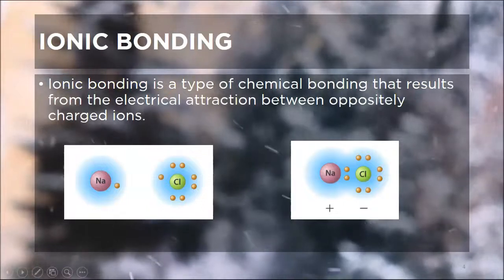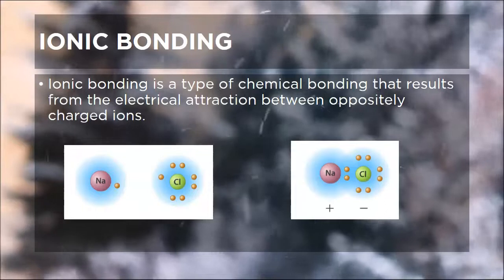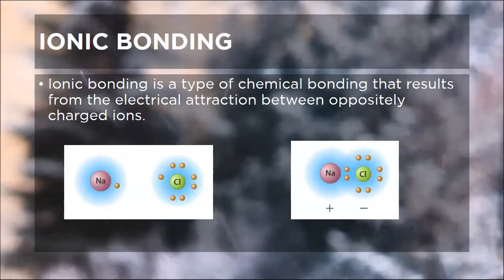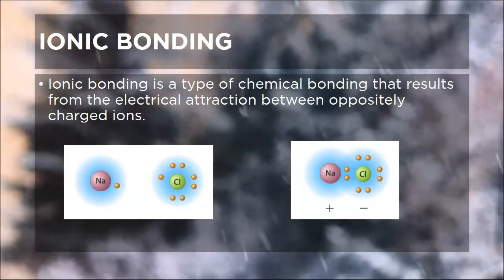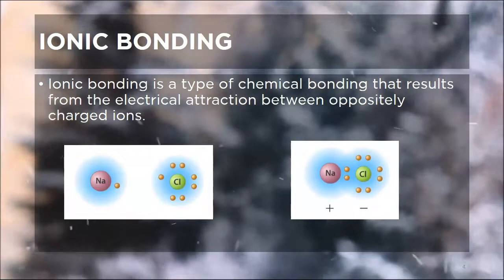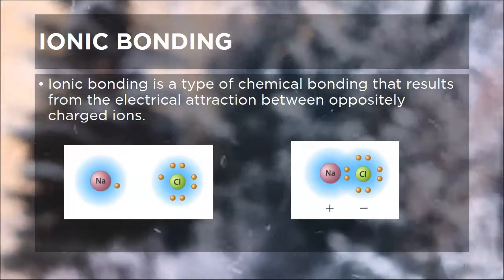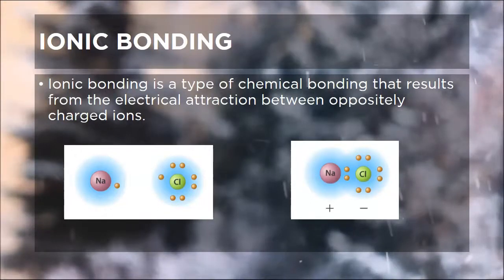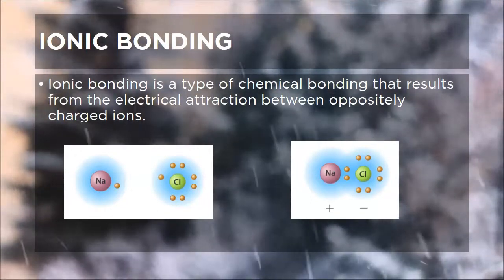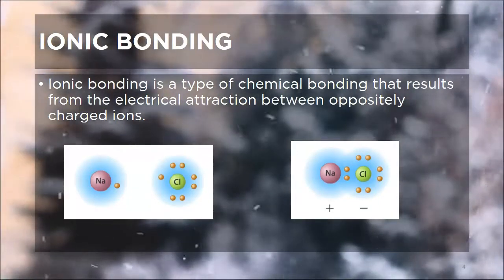So first, the type of bonding we're going to talk about is ionic bonding. And that's going to be where essentially a deal is made or an exchange is made. If you remember back to last chapter, we talked over in group 1, the alkali metals, they are really eager to give up an electron, whereas the halogens are really eager to gain an electron.